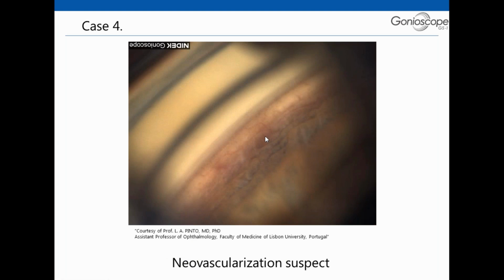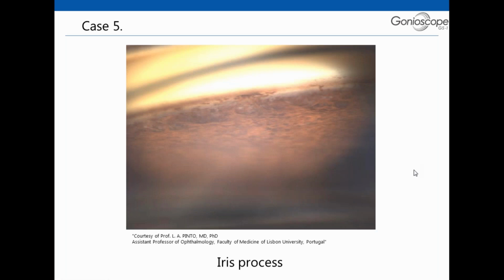Different from the previous picture, you can see tiny blood vessels on the angle. And this patient is a diabetic patient. And the final case is called iris process. It is often mistaken for neovascularization, but it is different.